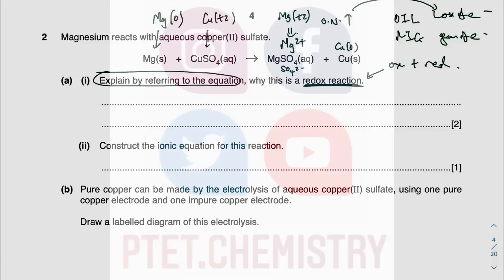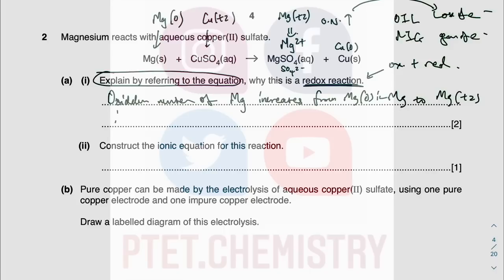Anyway, I already explained it, so I can say the oxidation number of magnesium increases. You have to specify from Mg 0 in Mg to Mg plus 2 in MgSO4.